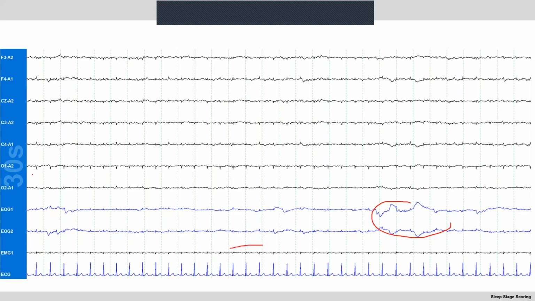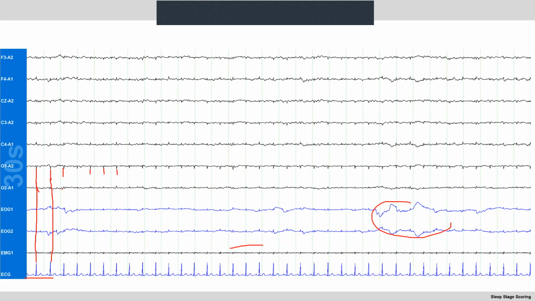You can see this thing, no? What is this? Any idea what this is? This is ECG, no? ECG coming in. This is ECG artifact in EEG. If you see this, it comes at the same time as the R wave of the ECG.